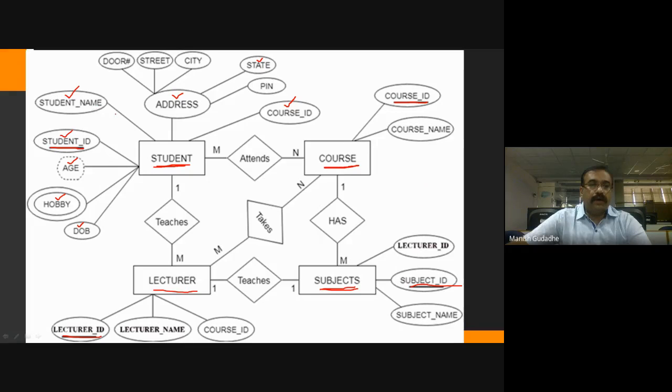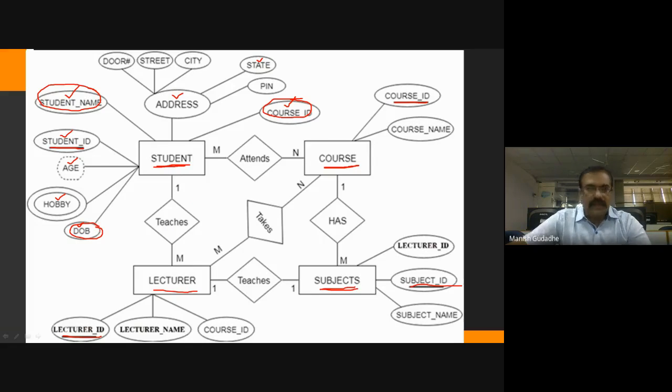Second thing is, here I can observe student name, course ID, and DOB are the other attributes which are present. So a student can have a unique name, though there is a possibility that two students in rare cases have the same name.